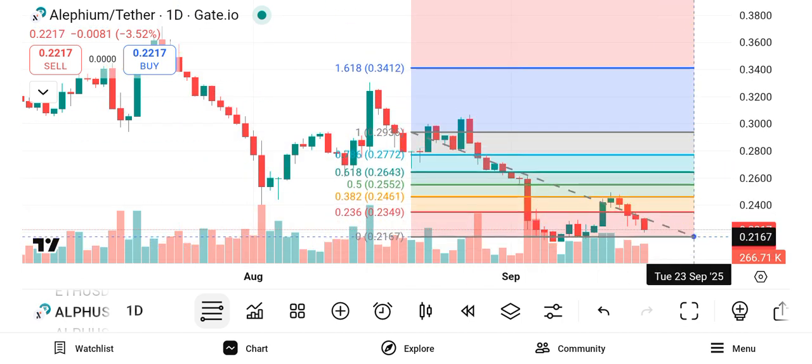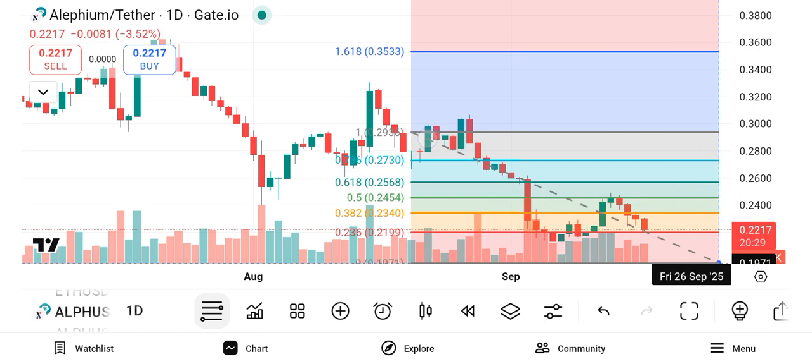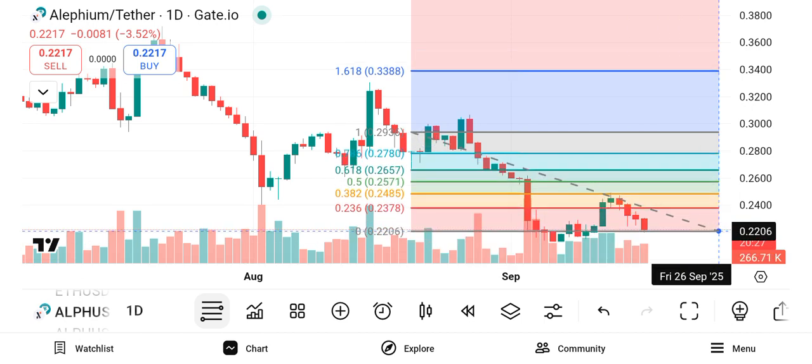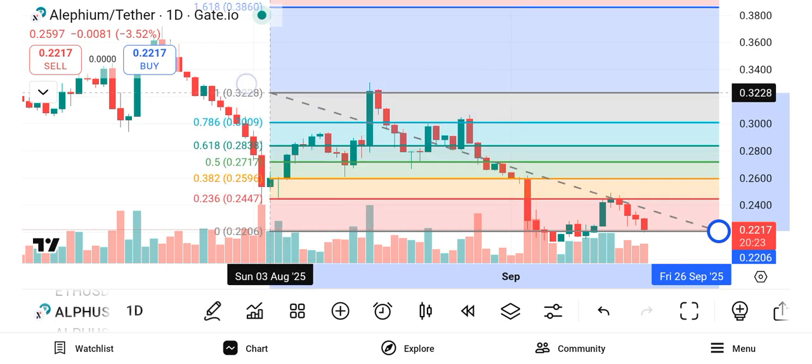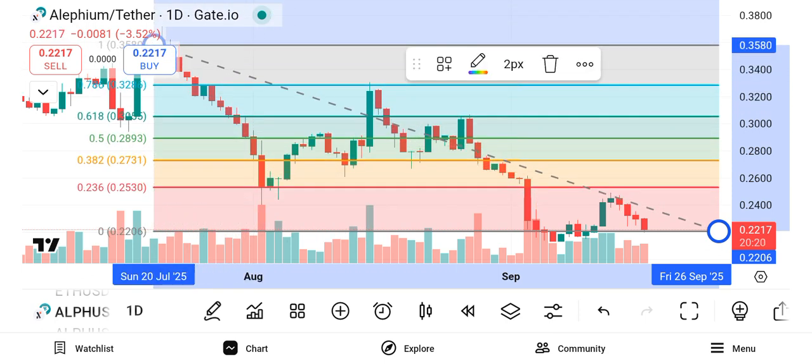We have this point, and we have this point here. Beautiful. So with this, we can see that at 61.8%, we're anticipating 0.3.